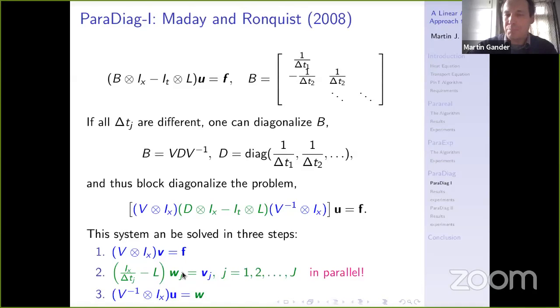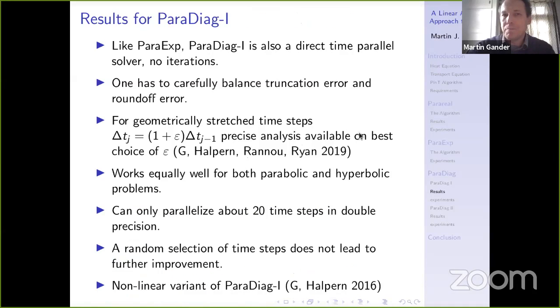And the key step in this algorithm is all these green ones, which are the ones that contain your spatial operator, they can now be done in parallel. It's a block diagonal system. So instead of time stepping one Laplacian after the other, you do all the Laplacians at once in parallel. And then you have the last step which you need to solve, putting again what you just calculated as a right-hand side. So it's a very simple idea, but it needs that these time steps here are all different.